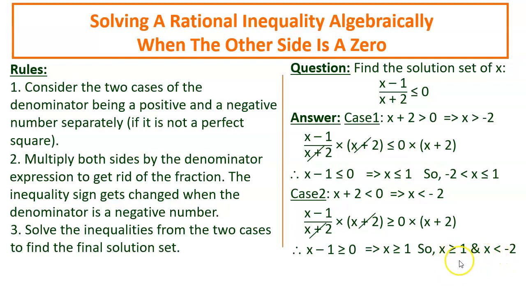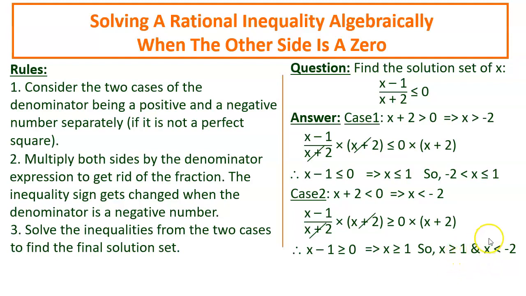Now can you think of a real number which will be simultaneously greater than or equal to 1 and less than -2? At least I cannot think of any number which will be greater than or equal to 1 but less than -2. If you can think of any real number, please write to me in the comment area.